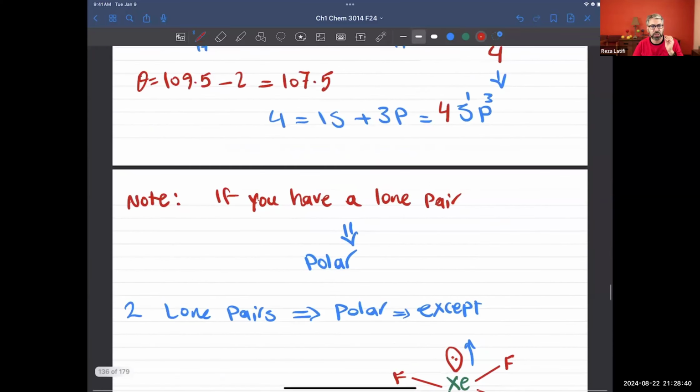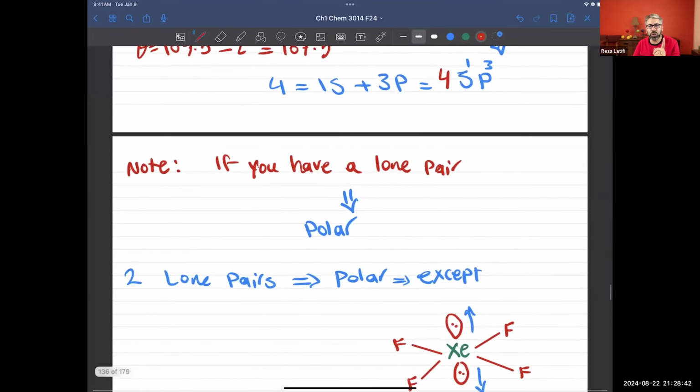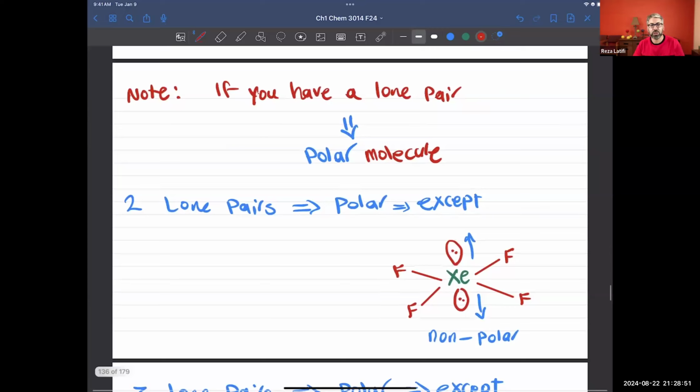Let's review what we said. One lone pair is enough to make the molecule polar. If you have 2 lone pairs, your molecule will be polar, except when you are talking about square planar.